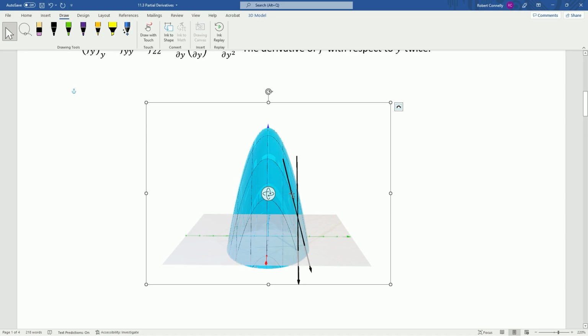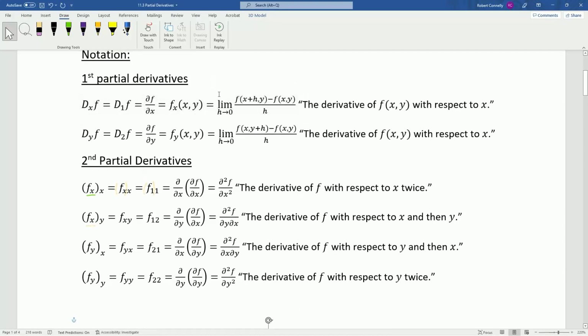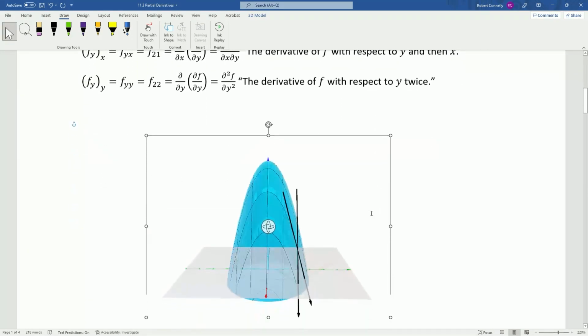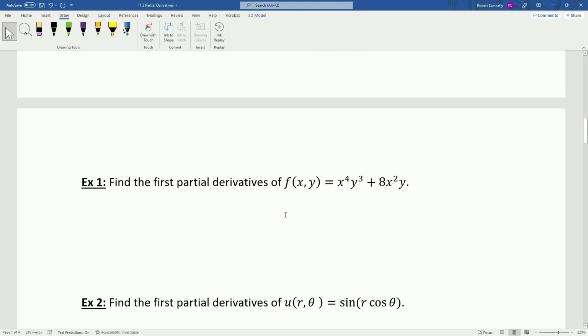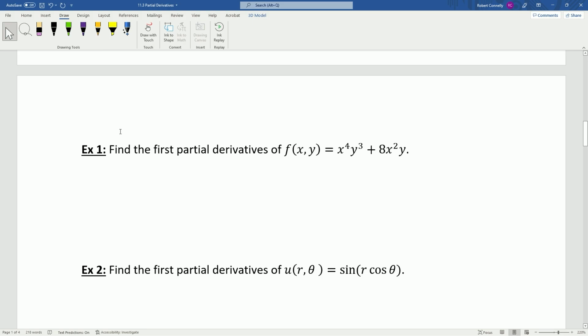So hopefully that makes some sense and helps make this idea of partial derivatives a little more intuitive. It gives us some idea of the shape of the graph, the direction that the graph is heading. It tells us information about its velocity along a curve on this surface, and so forth. Okay, so let's go ahead and move on and do some computation here.